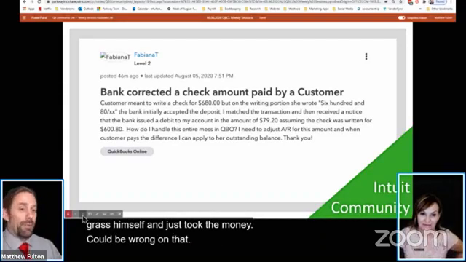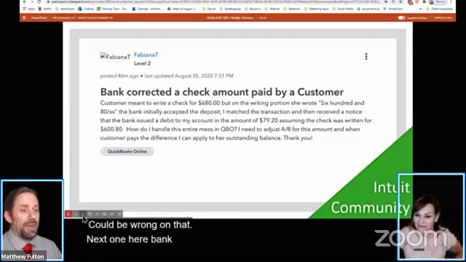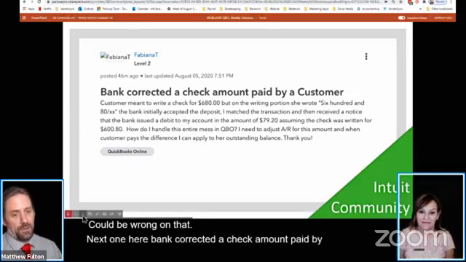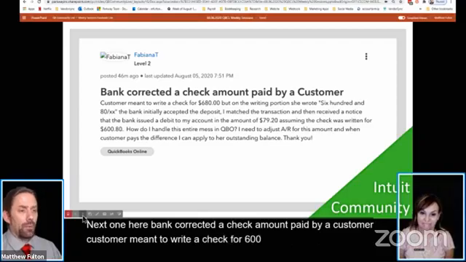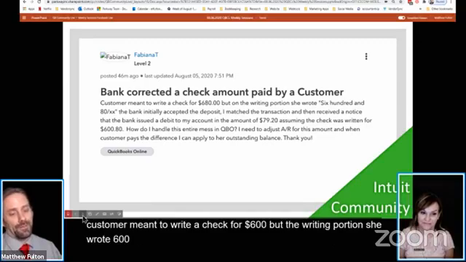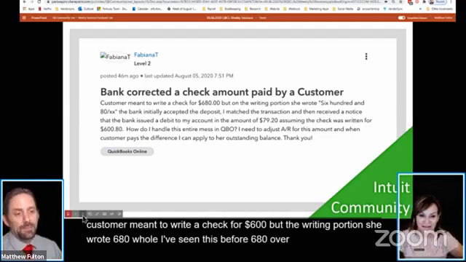So next one here, bank corrected a check amount paid by a customer. A customer meant to write a check for $680, but in the writing portion she wrote 680. Oh, I've seen this before. 680 over XX. The bank initially accepted the deposit.